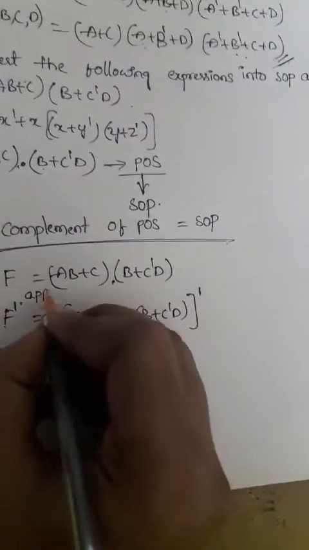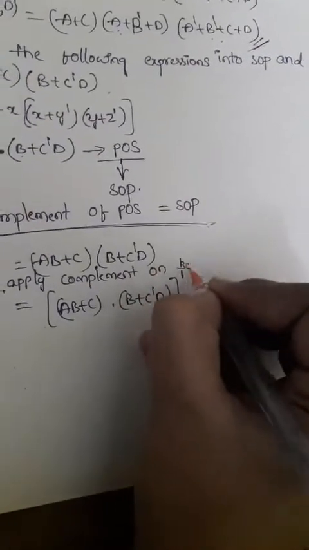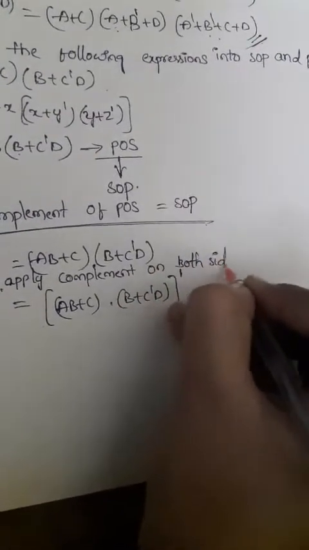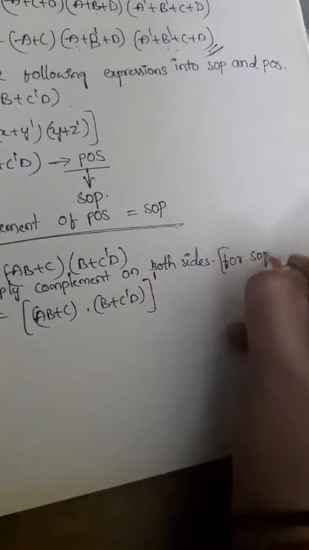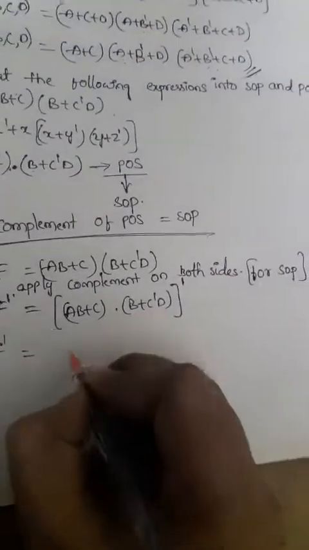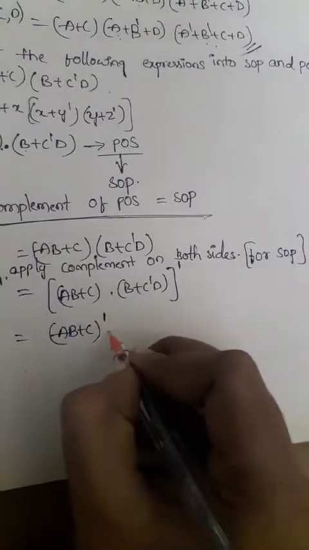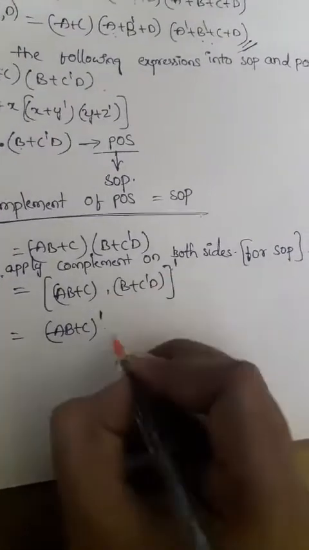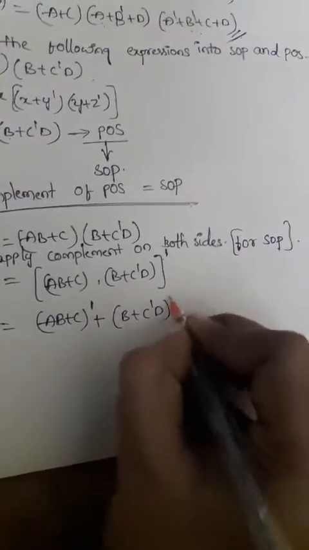Just apply the complement on both sides for the SOP expression. Now simplify this expression. Apply the complement for each and every term. So (AB plus C) complement. Here the complement of a product gives a sum, right? So (B plus C complement D) whole complement.